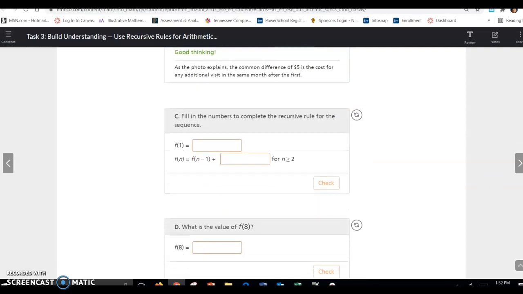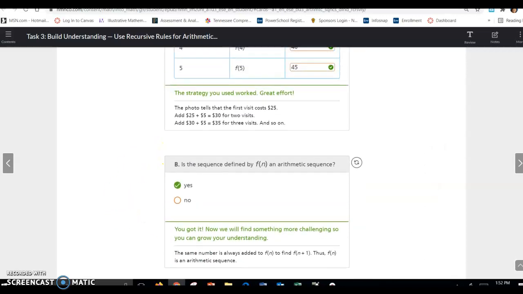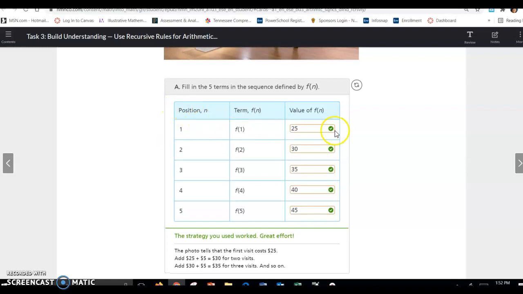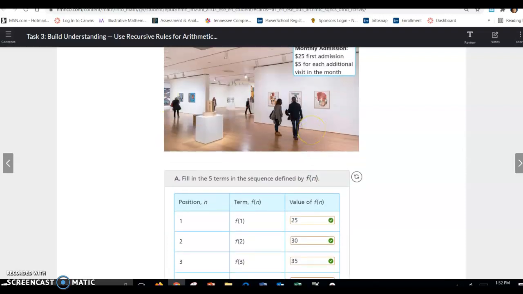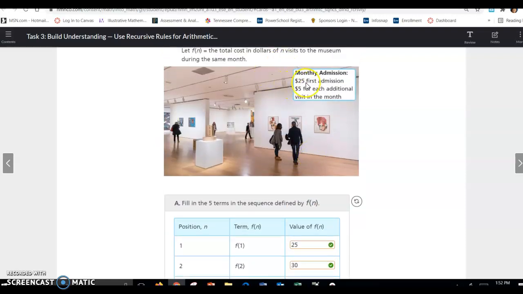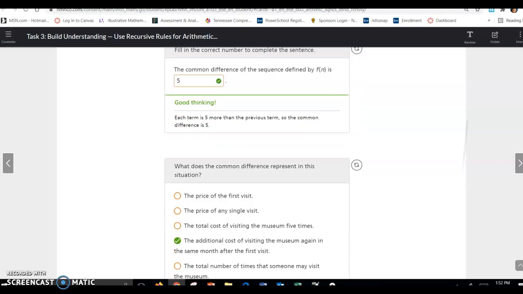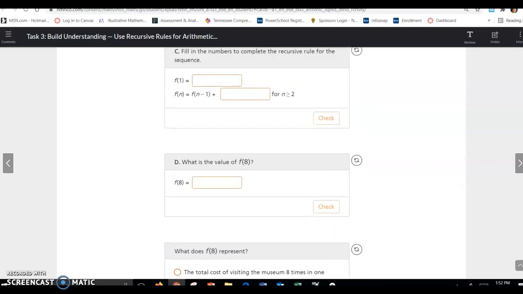All right, it says fill in the numbers to complete the recursive rule for the sequence. All right, f of 1, we can go back up here and look, but remember f of 1 was 25. That's because it says the first admission is $25. And then the common difference is what you add to this equation.